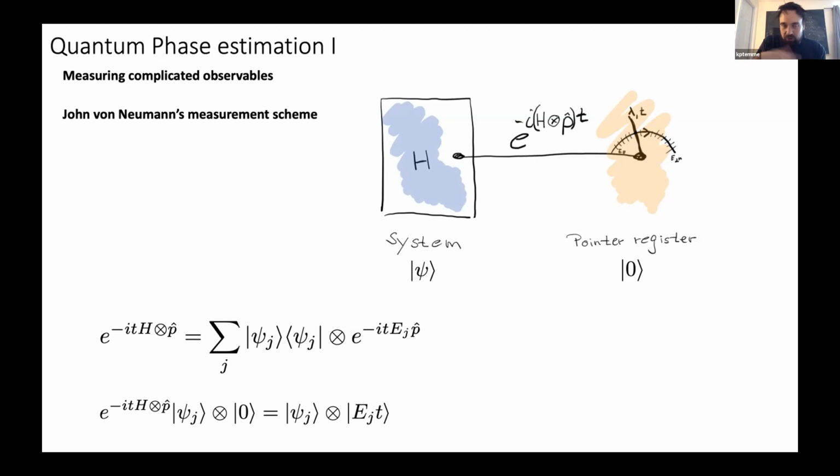Now if you jointly evolve with e to the iH tensor P, on a state where the pointer register is essentially at 0, and you happen to be in an eigenstate of that observable, then since momentum generates translations, that unitary evolution just pushes the pointer register to the energy value times t. That procedure is roughly called phase estimation, and that's the intuition behind it.